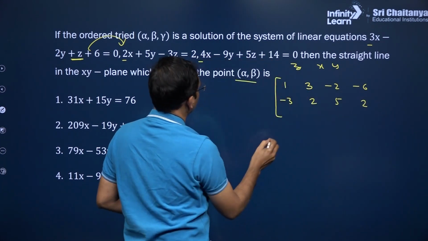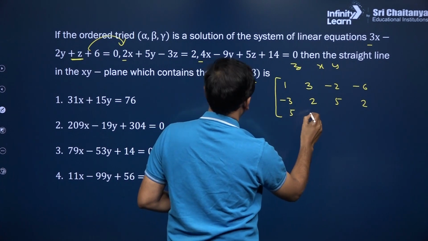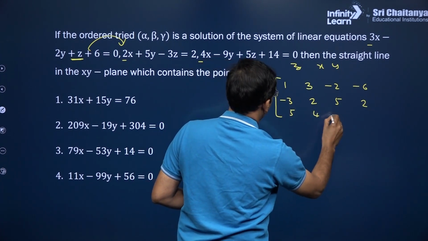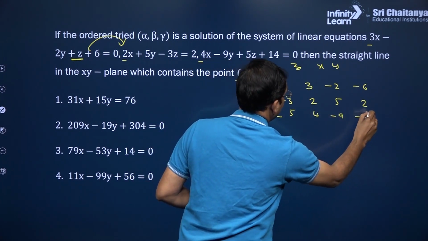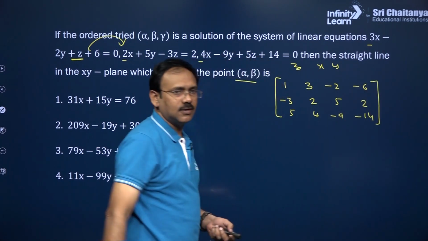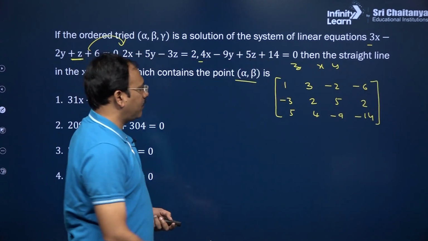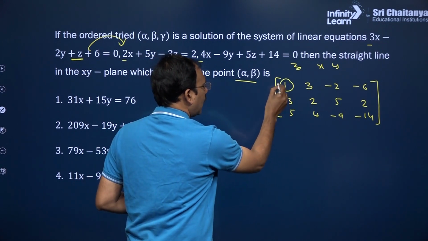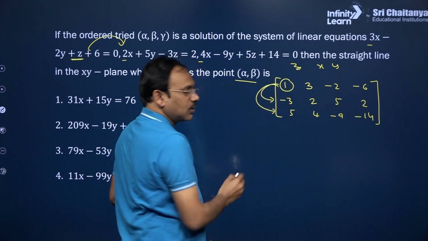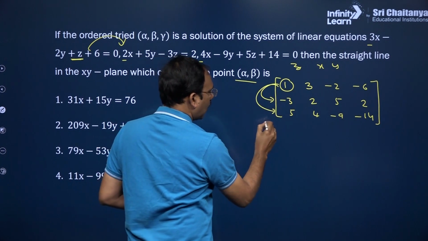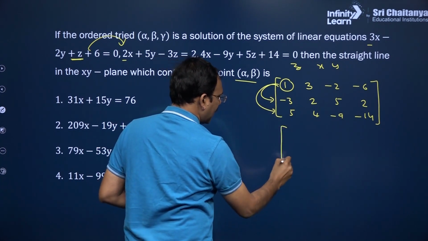The third equation: z coefficient 5, x 4 and y is minus 9, constant is minus 14. This is the augmented matrix A by B. With the help of this one, I want to make these two 0. So what I do is R2 I change as, let me write directly.